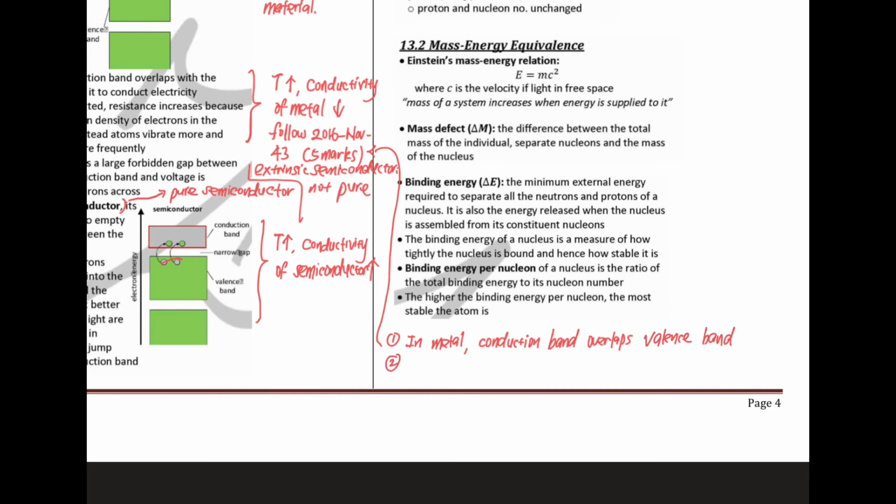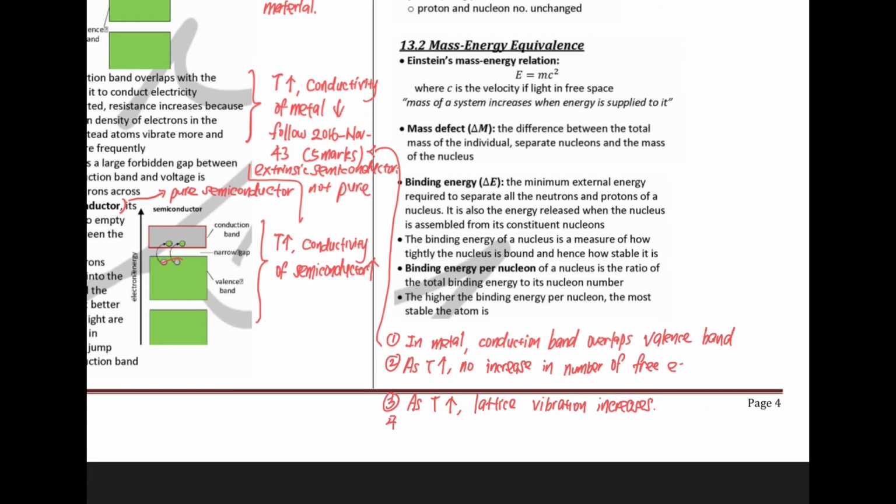Number 2, you can say as temperature increases, no increase in number of free electrons. Number 3, as temperature increases, lattice vibration increases.